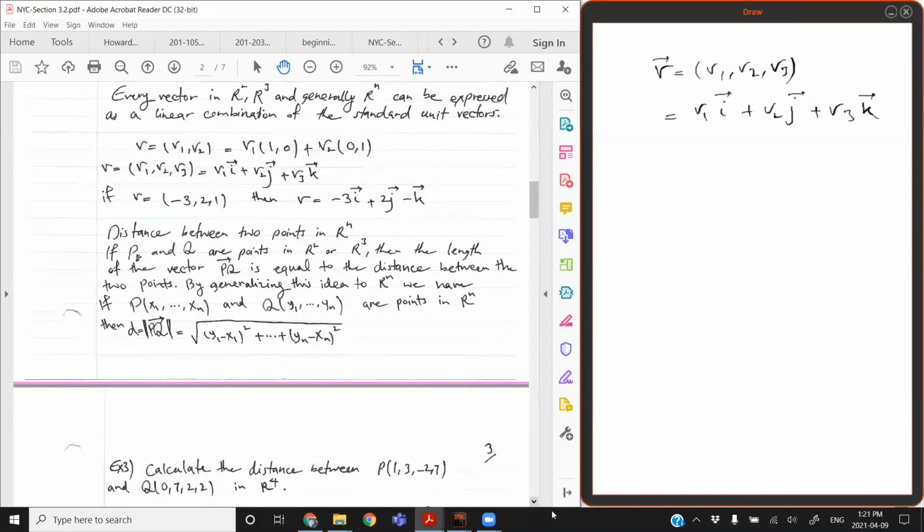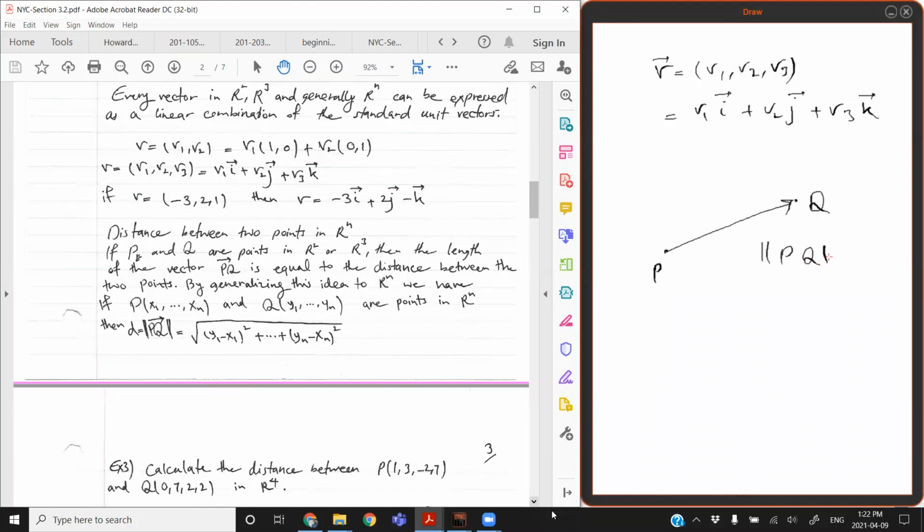Okay, now it's very easy to define the distance between 2 points. For any 2 points P and Q, it could be in R2, it could be in R3, it could be in Rn. We can define the distance between these 2 points to be the length of the vector PQ.